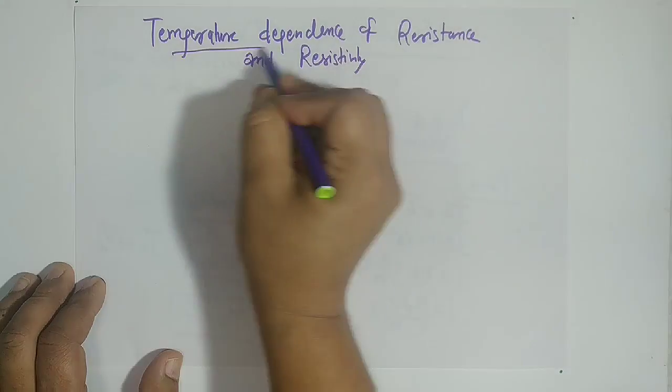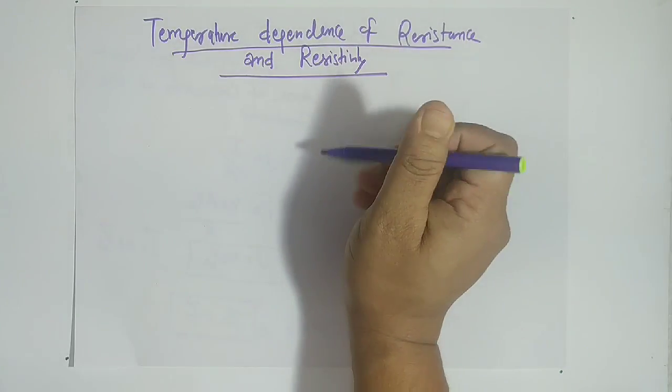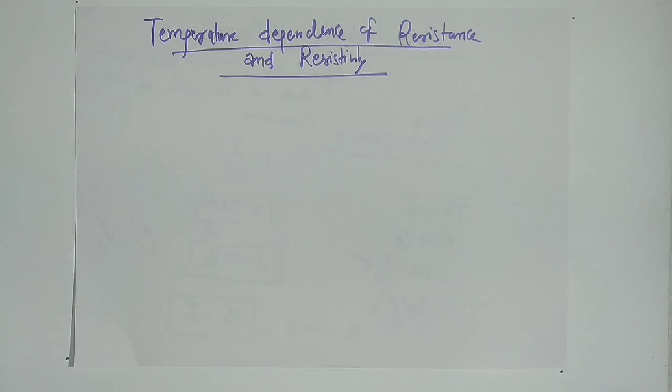How the resistance and resistivity change when the temperature of a conductor is increased or decreased. If you increase the temperature, what will happen to the resistance of the wire? If you decrease the temperature, what will happen to the resistance of the wire and its resistivity also?